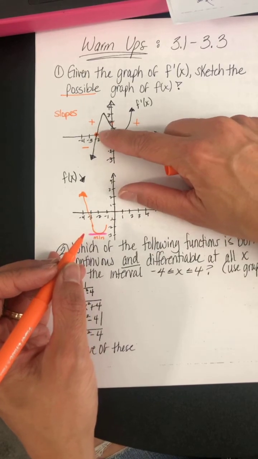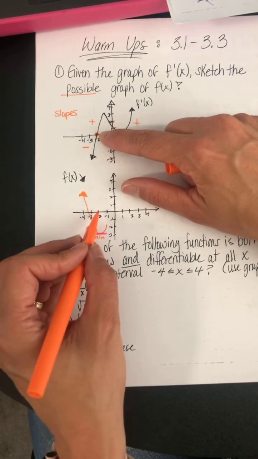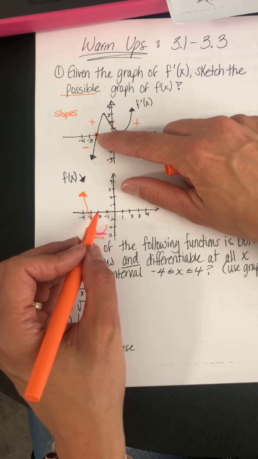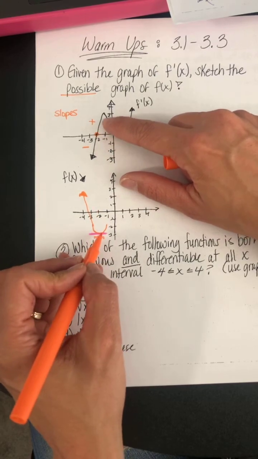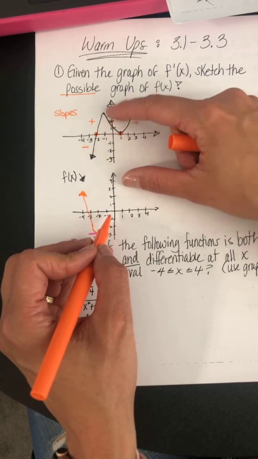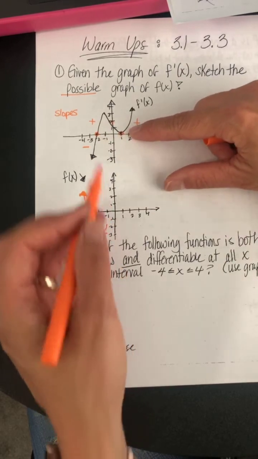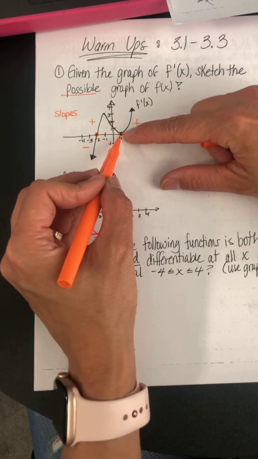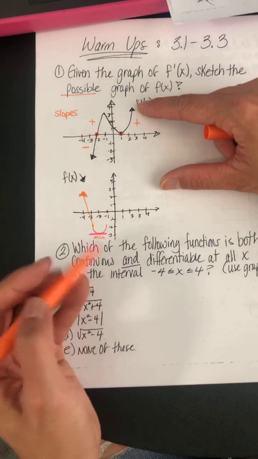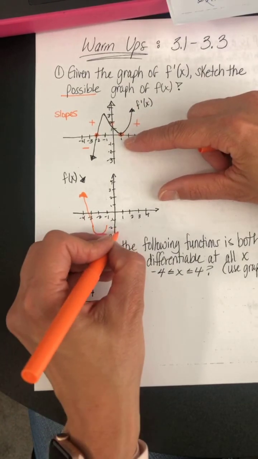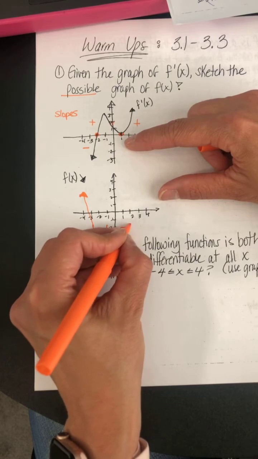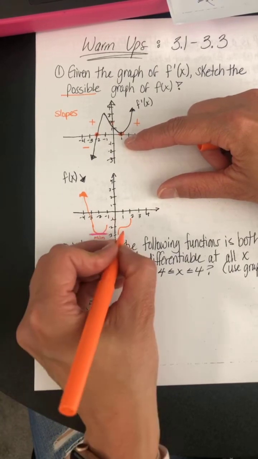So as it crosses over and hits the x-axis at -2, that means the slope is 0. So right here, and then it's increasing. It's still got a positive slope. It's increasing, still increasing, but then it flattens out when it hits 1, and then it continues increasing. So that means at 1, I'm going to have increasing, flatten out, increasing. I'm going to have a shelf.